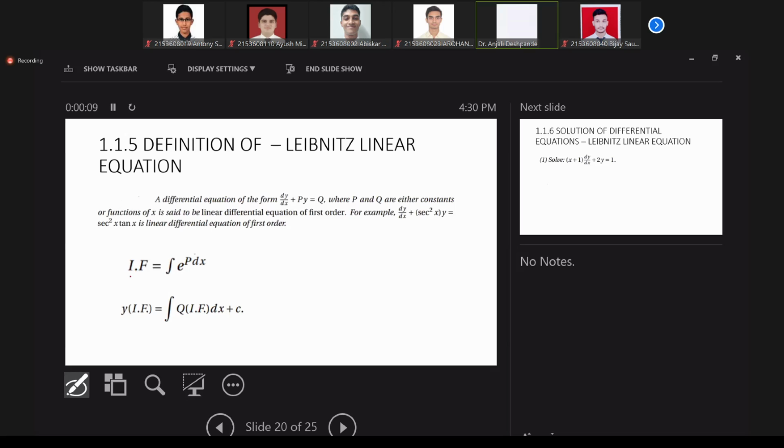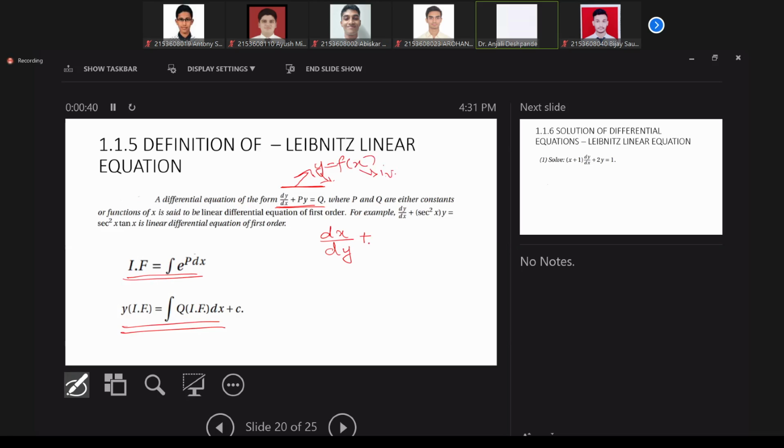As I was telling you, first of all, we will find the integrating factor. Then we will use this formula and find the solution to the differential equation. Here I told you this is dy by dx plus py equals q. Likewise, we can also have dx by dy plus px equals q. When it is dy by dx plus py, the function is y equal to f(x), so x is the independent variable and y is the dependent variable.